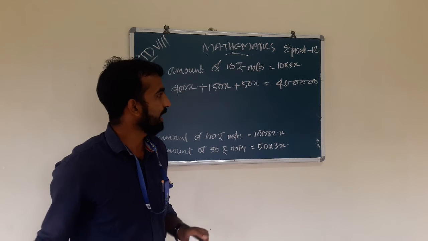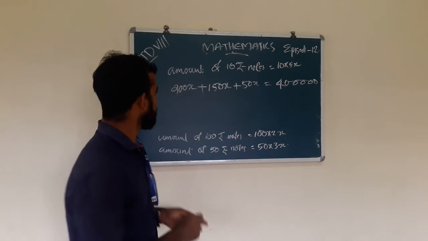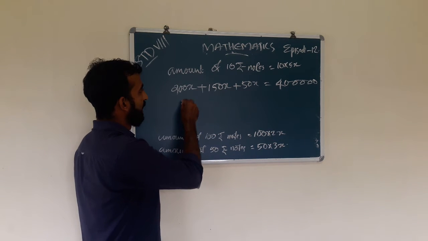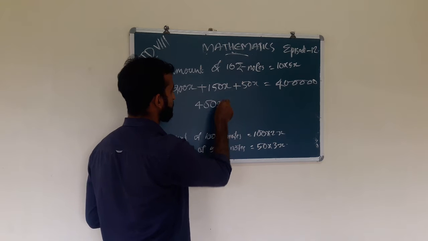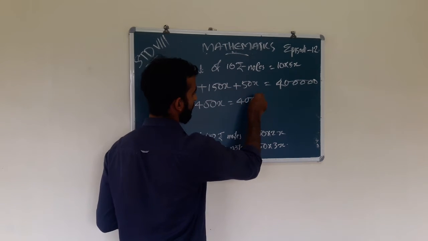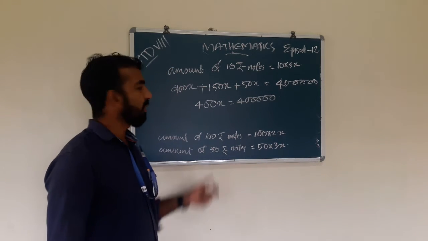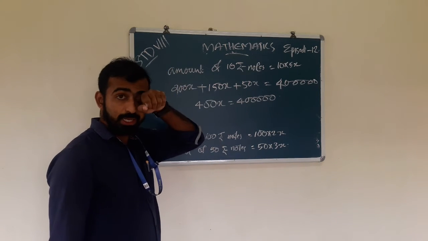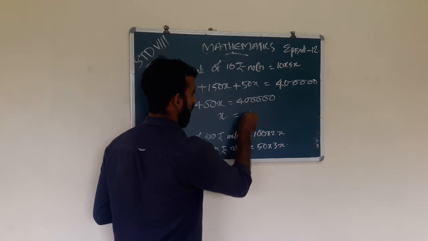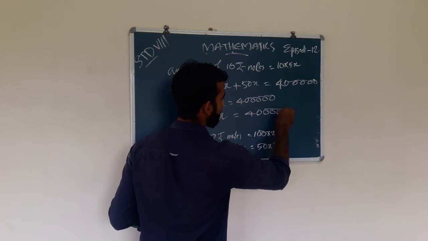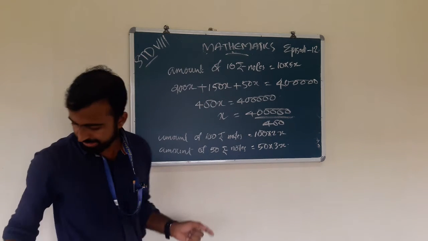When we add these, we get 400x equal to 4 lakh. That is, x equals 4 lakh divided by 400.